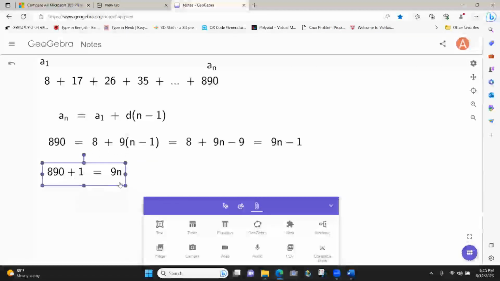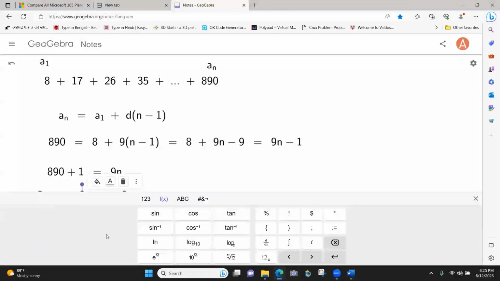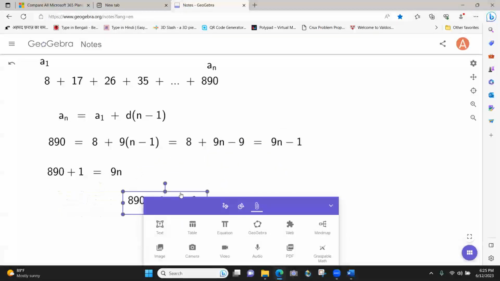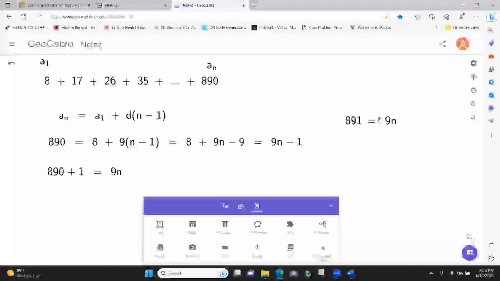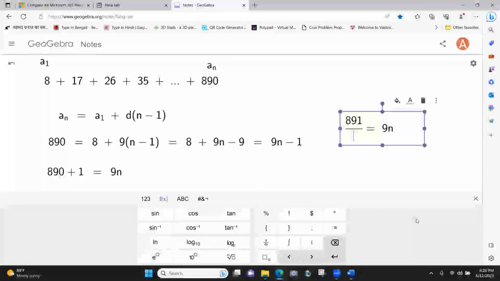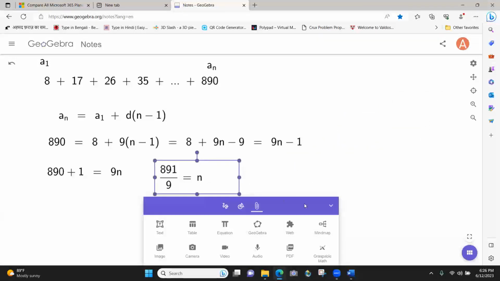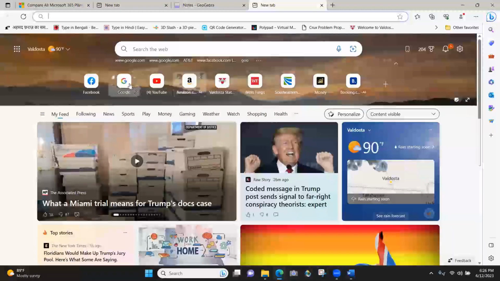And this means 891 divided by 9. I'm going to divide both sides by 9. Let's see what we get from that. Hopefully you can follow. Now I'm going to use my calculator. 891 divided by 9.